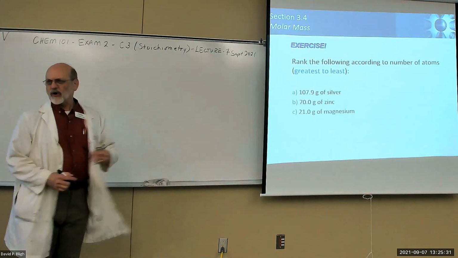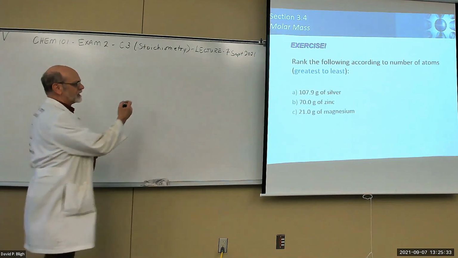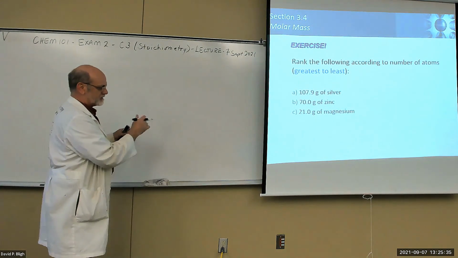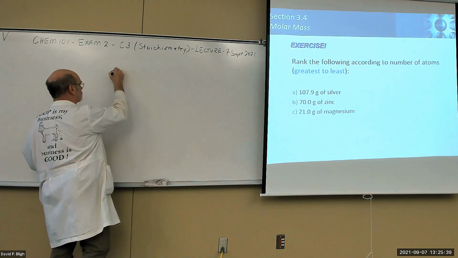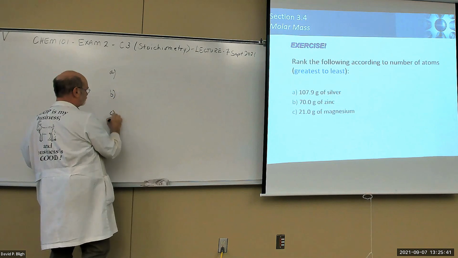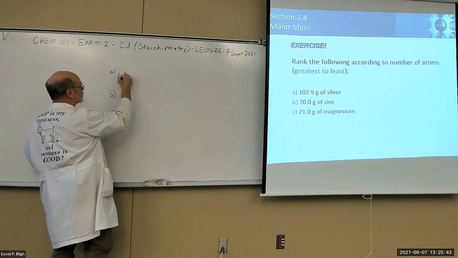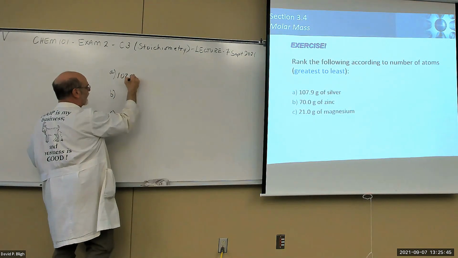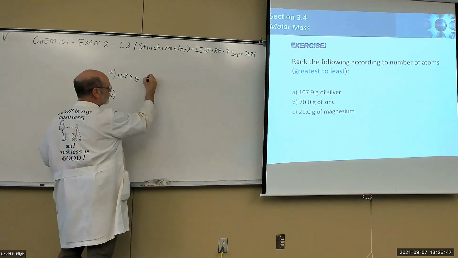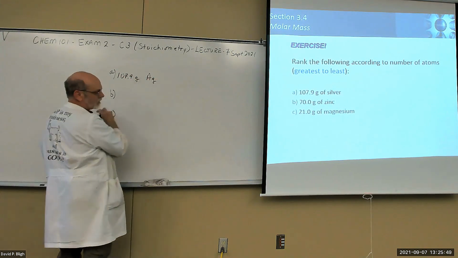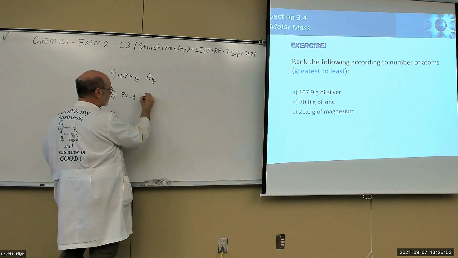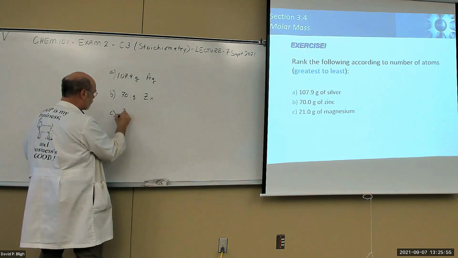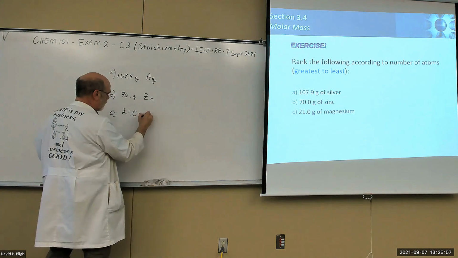Now we'll get a little more complicated. If we have this, we've got magnesium, zinc, and silver again. Right, so we have 107.9 grams of silver and 70 grams of zinc and 21 grams of magnesium.